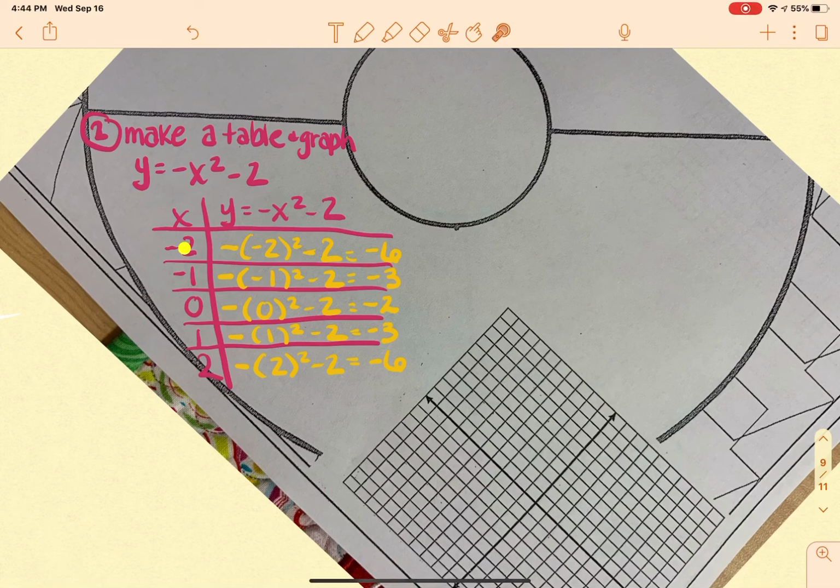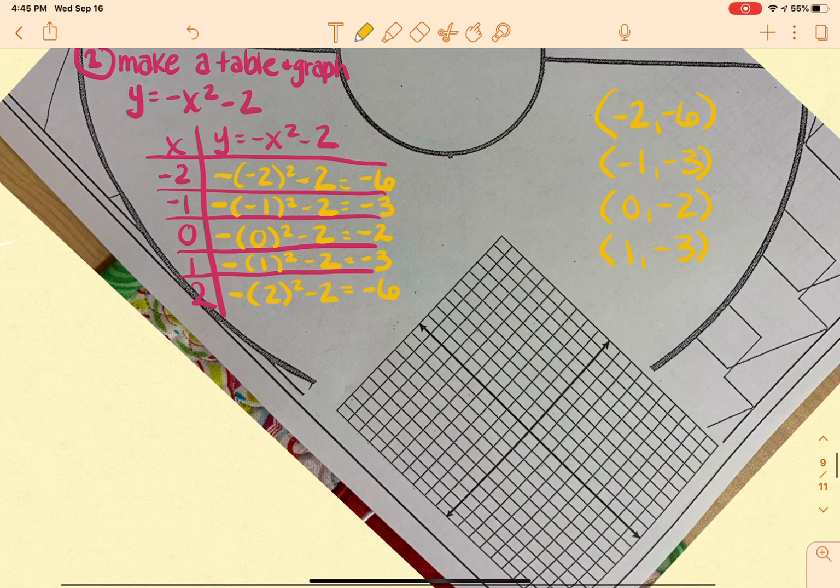And now I'm going to work to put these together to get my points. So the first point is going to be negative 2, negative 6. Negative 1, negative 3. 0, negative 2. 1, negative 3. 2, negative 6.